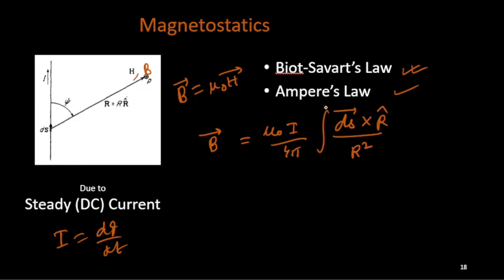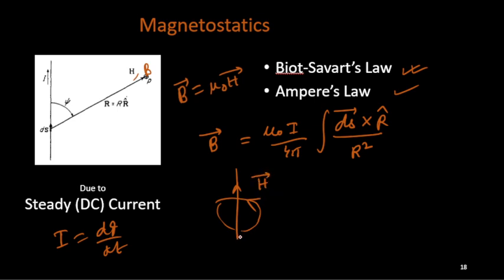And if you simplify, the Ampere circuital law says that if a current is flowing inside, around it you will get a magnetic field, H or B, whatever you write.